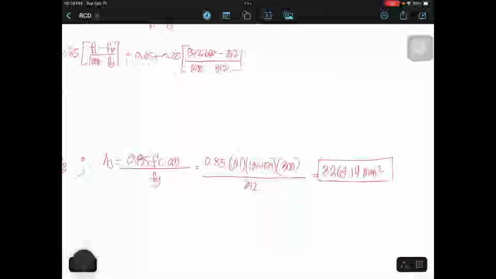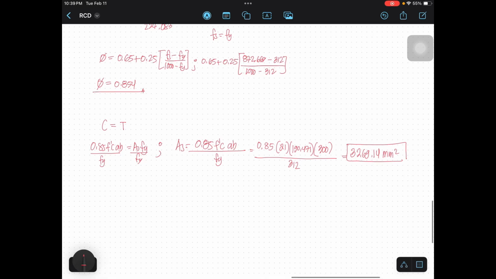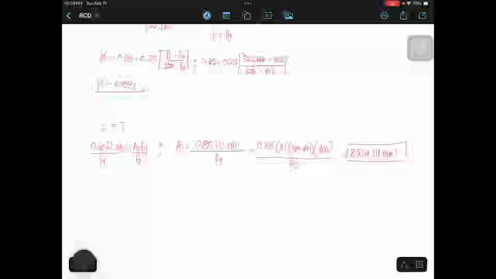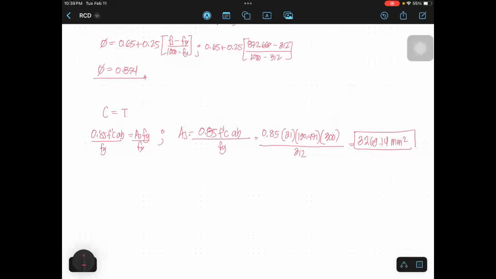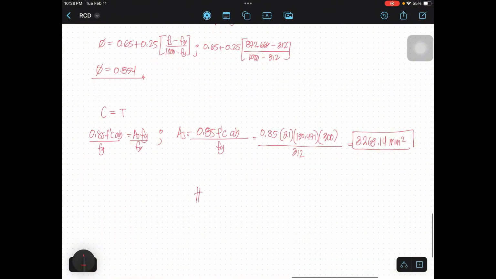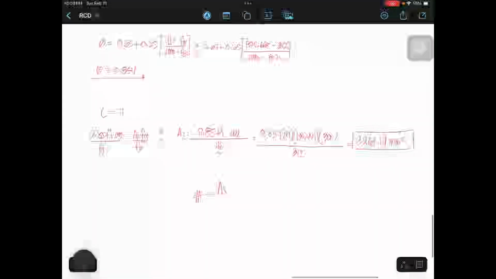However, if we want it in terms of pieces, for example, if we are curious how many pieces are needed for this area of steel reinforcement, the number of pieces is equal to As over the lowercase a s. That is, we divide the total area of steel reinforcement by the individual area of steel reinforcement.